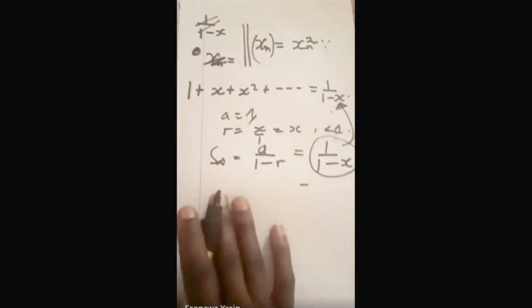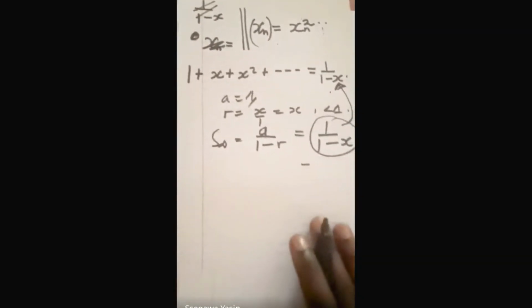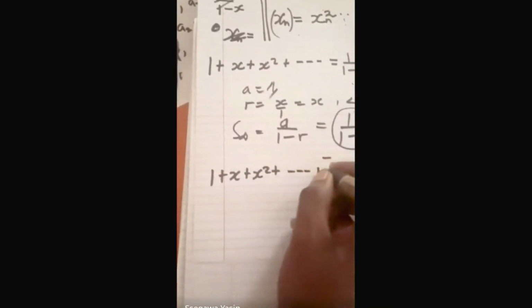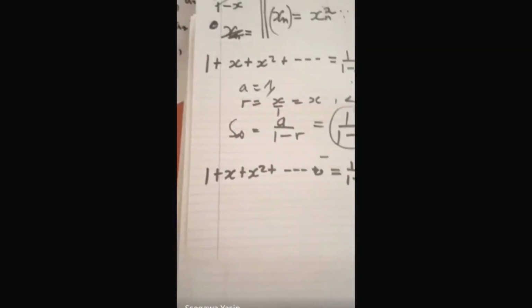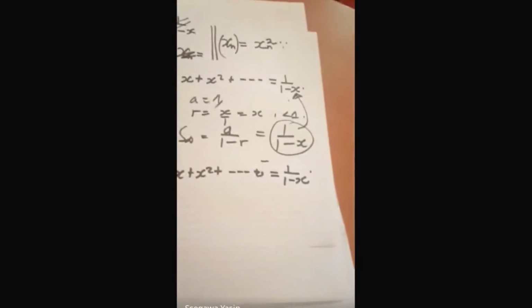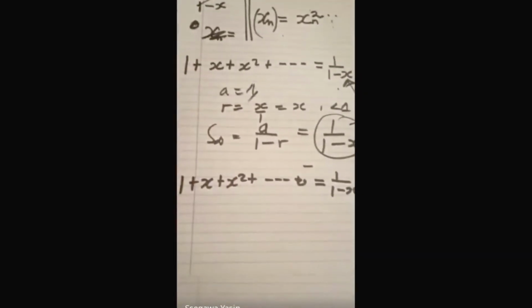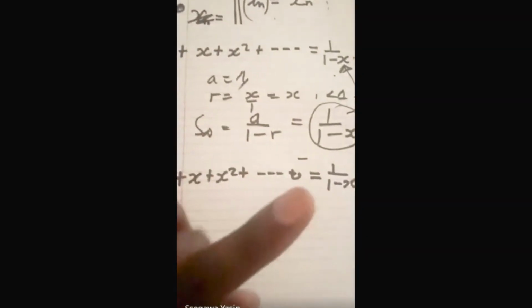But no one is going to ask you much about it. Our explanation is this: if I have 1 plus x plus x squared plus up to infinity equals 1 over 1 minus x, the reason why they are equal is that we are summing them up to infinity.